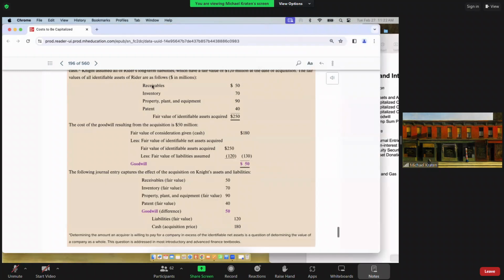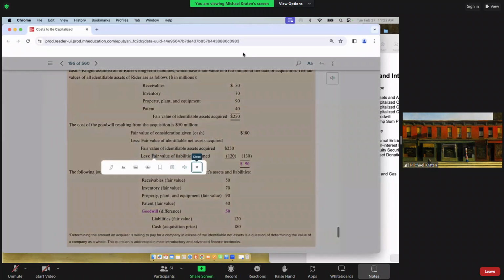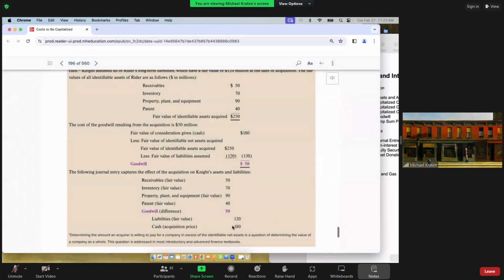And if the assets that you have initially identified as assets that you're going to purchase, 250, minus liabilities that you have agreed to assume, of 120, if the 250 minus the 120 is less than what you are actually paying, which in this problem is 180, then you have to ask the question, are you seemingly overpaying just to keep the property out of a competitor's hands?